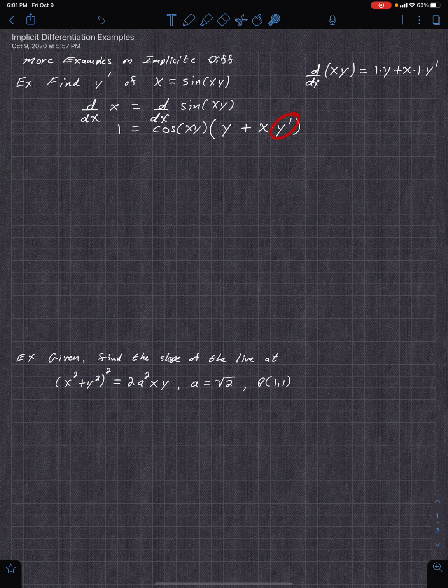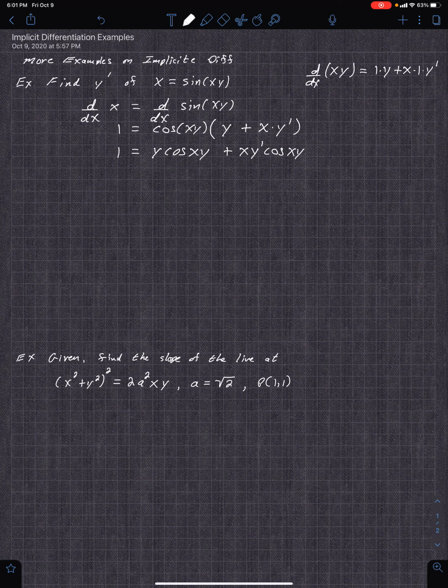So here we're solving for y prime still. You have two separate factors, this factor and this whole thing. So you can distribute and then isolate. It's probably the best thing to do. So you have 1 equal to, I'll put y in front, y cosine xy plus x y prime cosine xy, just to put the formatting right.